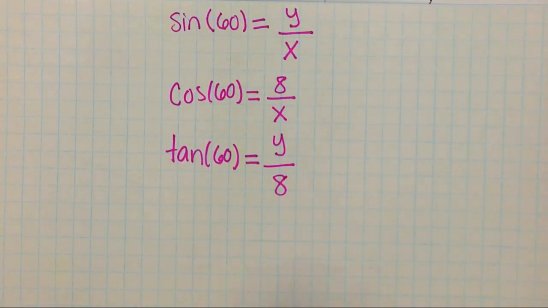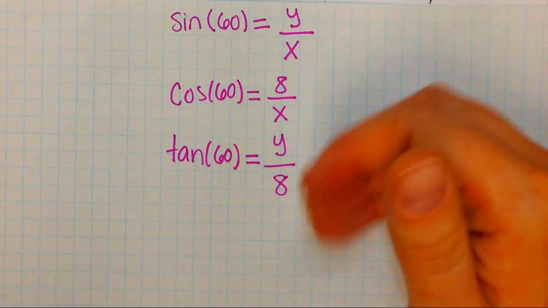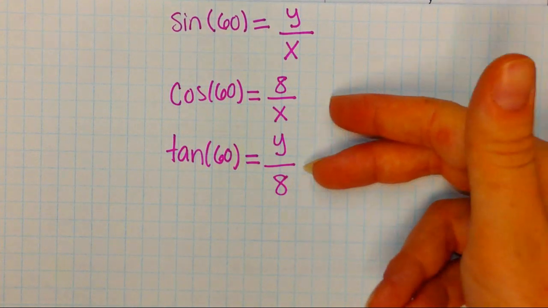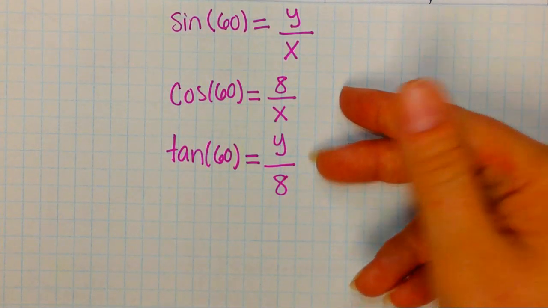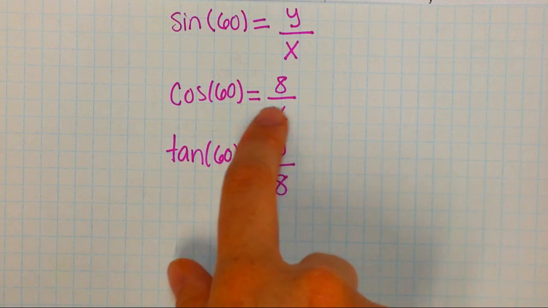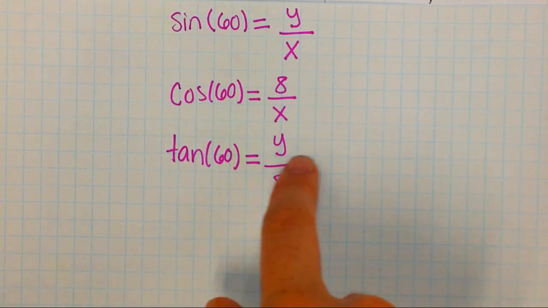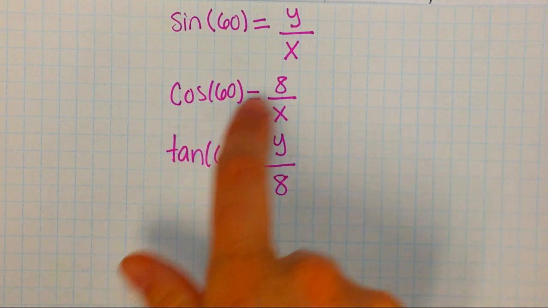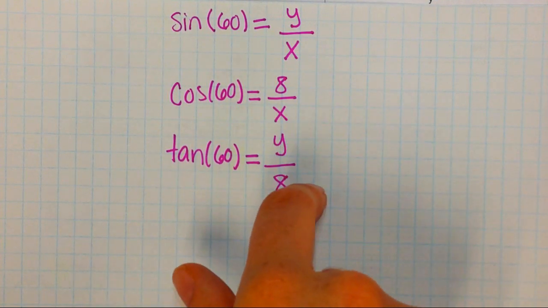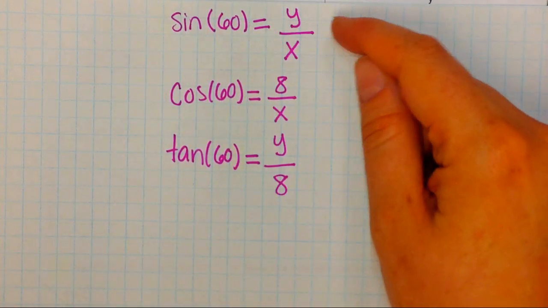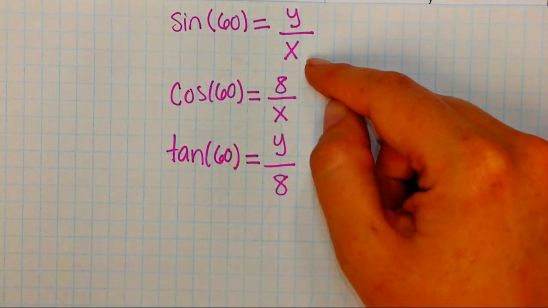Now, when you look at these three proportions, in two of them, there's only one variable that you're solving for. With cosine, I'm only solving for x, which is doable. And with tangent, I'm only solving for y. There's only one variable for each of these. However, with sine, it's equal to y over x.